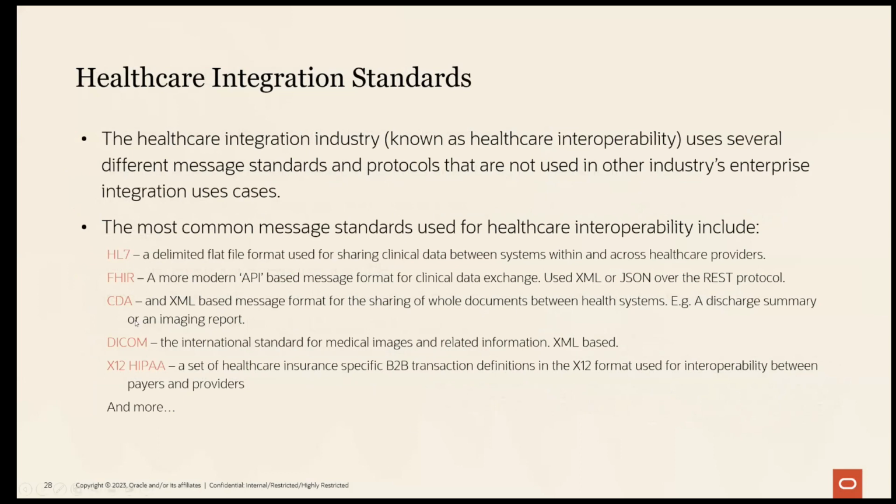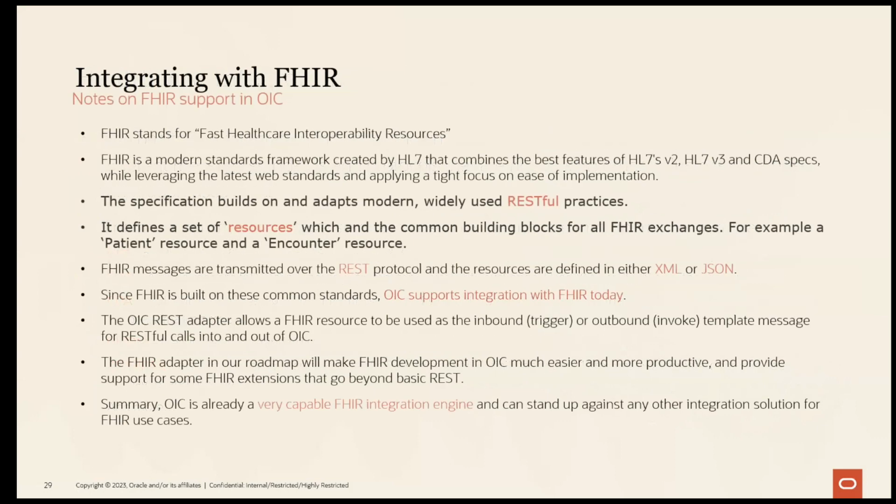Just in case you are from that area, we know there are other standards like CDA, DICOM and X12 HIPAA. All of these other standards will be supported very shortly within this healthcare component of OIC.